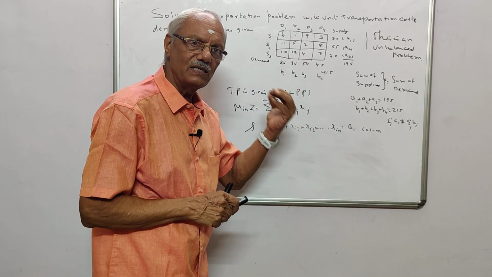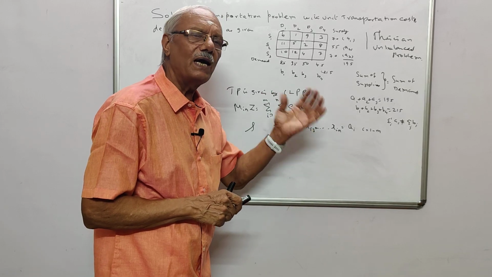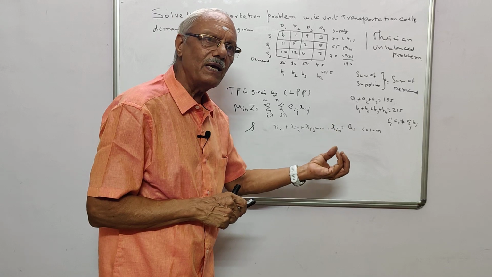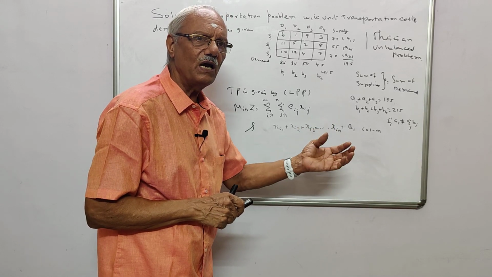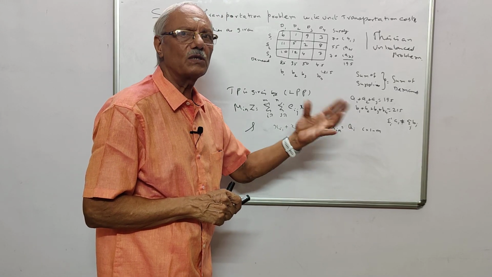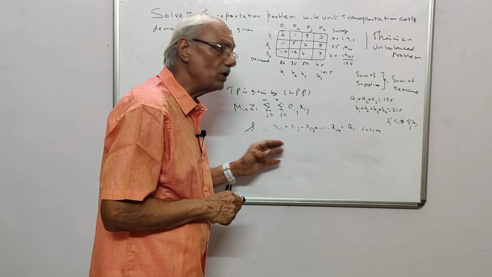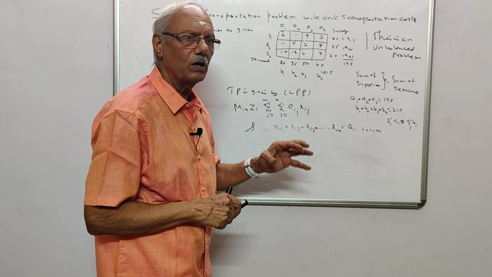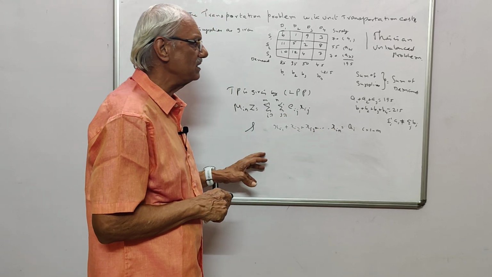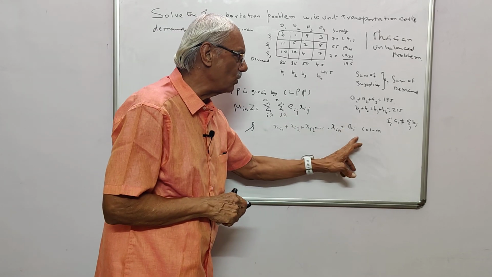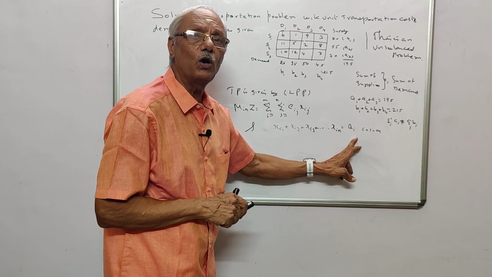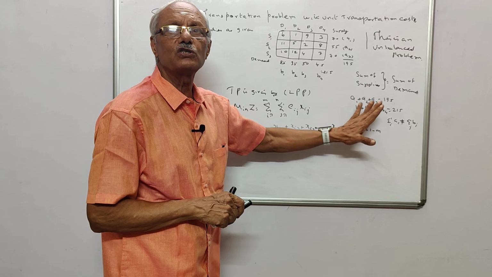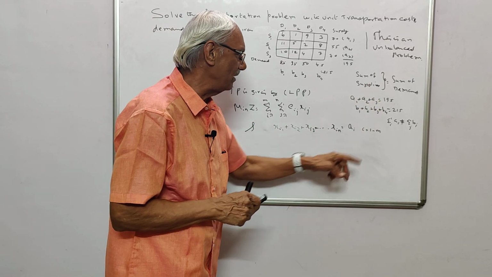You can supply to a destination j, or you need not supply. Your supply can be 0 also. Or you can supply to all destinations. You do whatever you want, but the sum of the supplies that you have made must be equal to what? The capacity at that source. That is what I have written here.